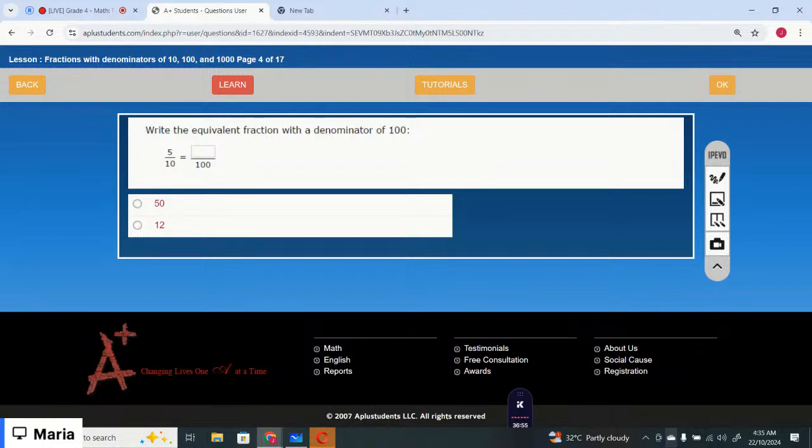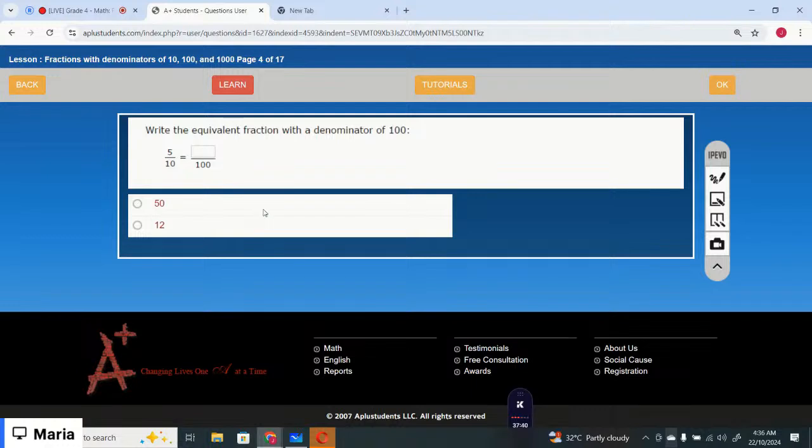Write the equivalent fraction with the denominator of 100. That is 50 over 100.